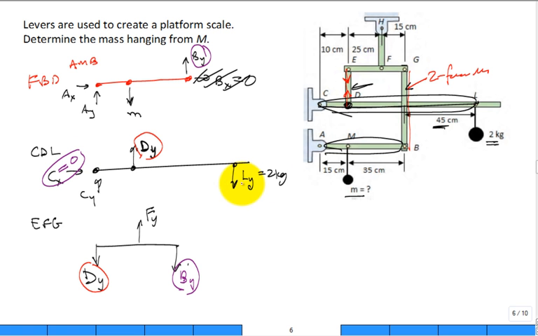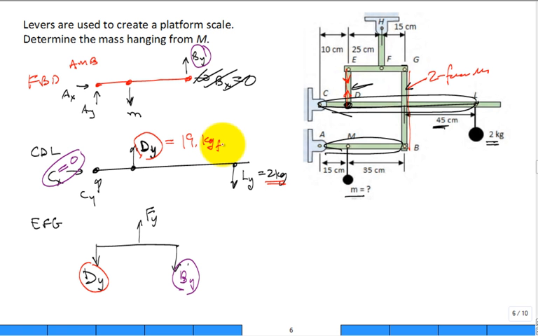If I know this is 2 kilogram force down, what is Dy? How would I solve for Dy? Sum of the moments around point C, and then you solve for Dy. Let me see if I can give that to you. So this would come in at 19 kilogram force.